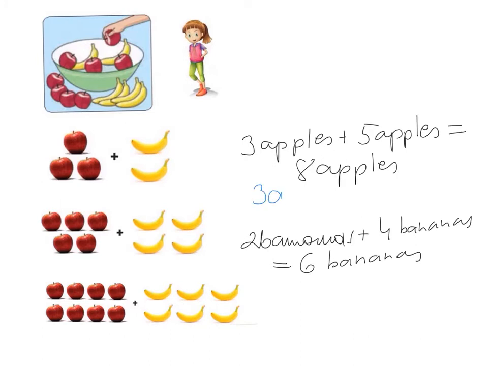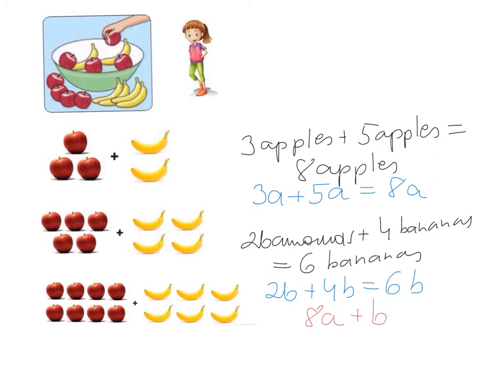So 3a plus 5a equals 8a, and 2b plus 4b equals 6b, okay? So now she has 8 apples and 6 bananas, okay? So she has 8 apples plus 6 bananas in her fruit bowl.